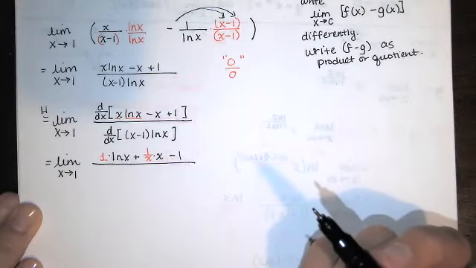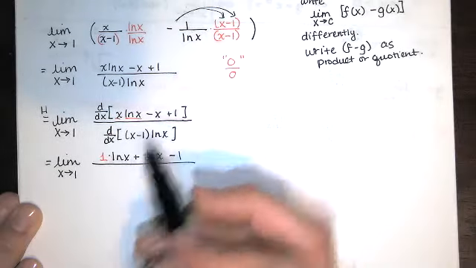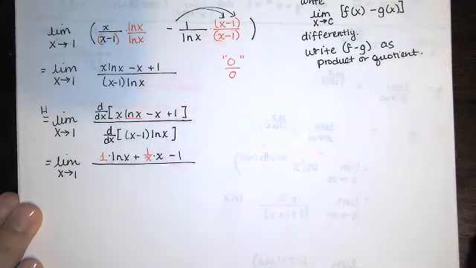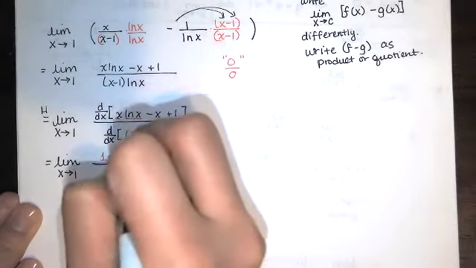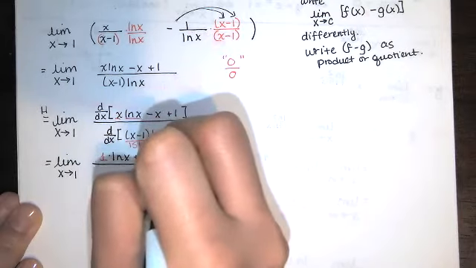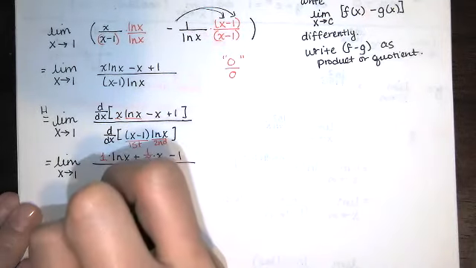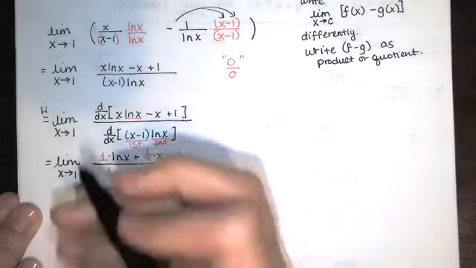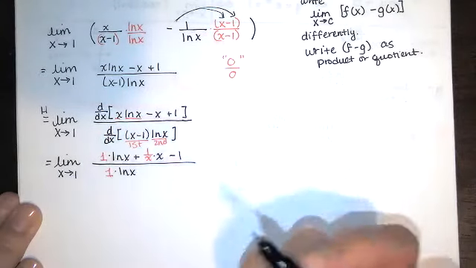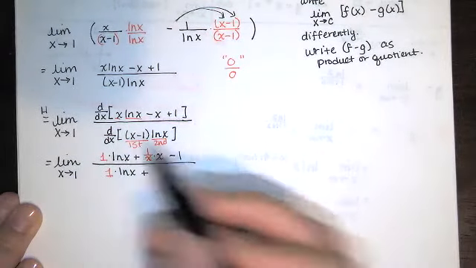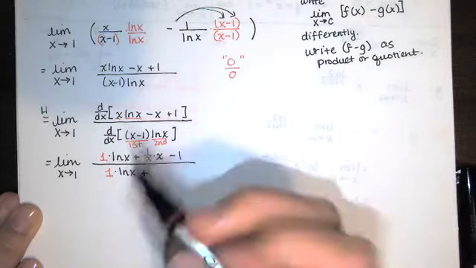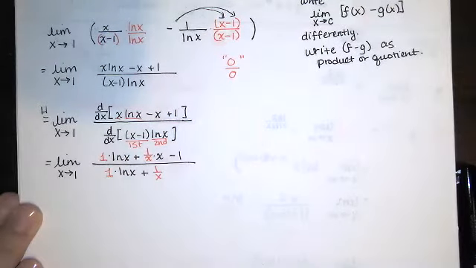Cool. And then down here we do the same thing. Got a product rule. There's my first function and there's my second function. Derivative of the first times the second, plus derivative of the second, 1 over x, times the first.